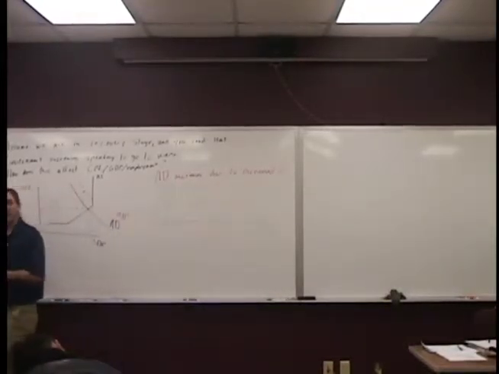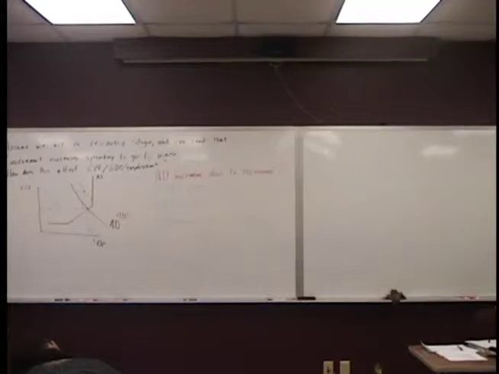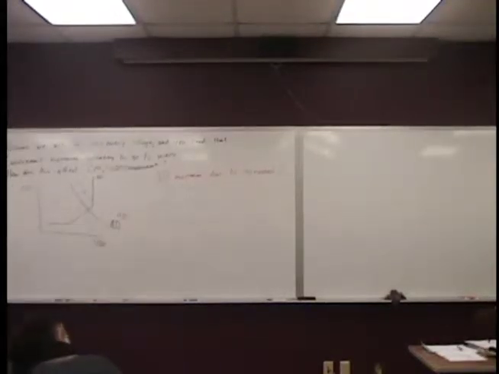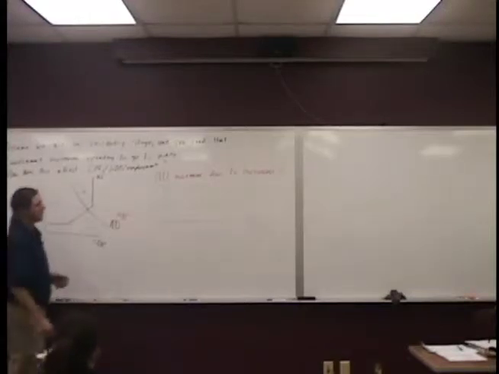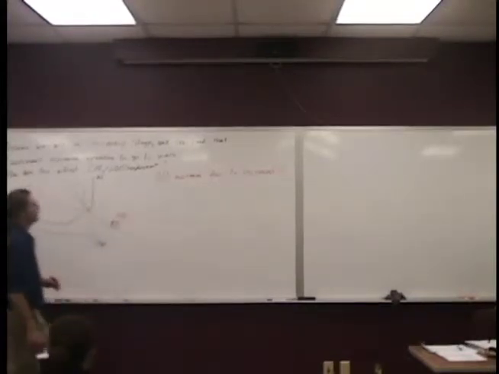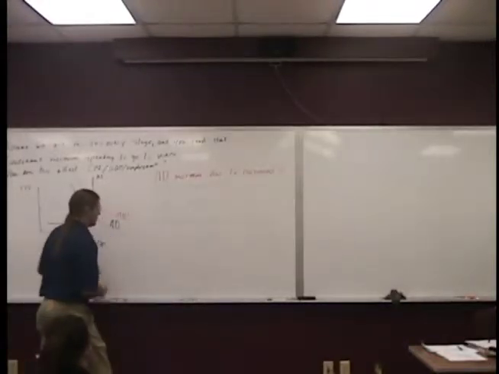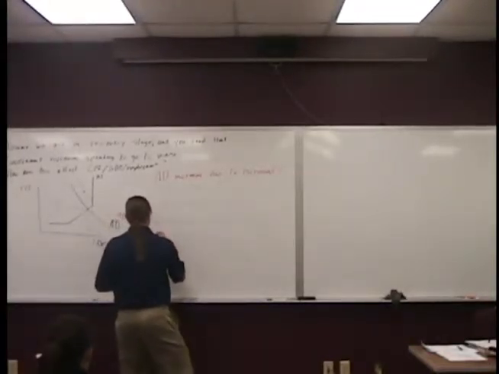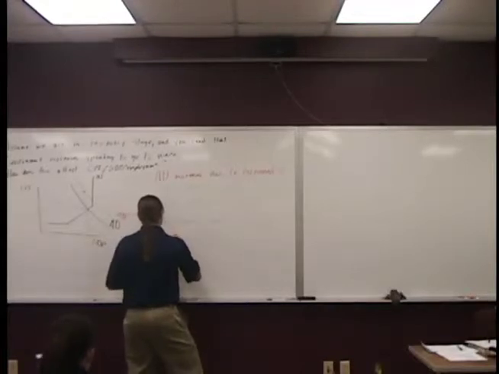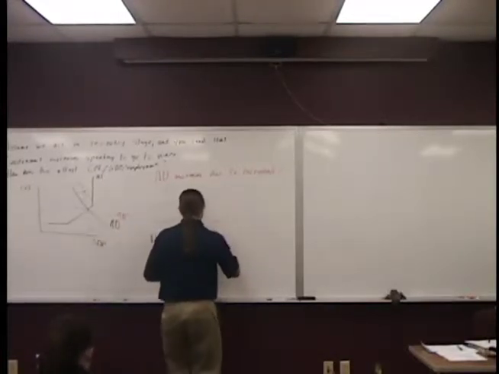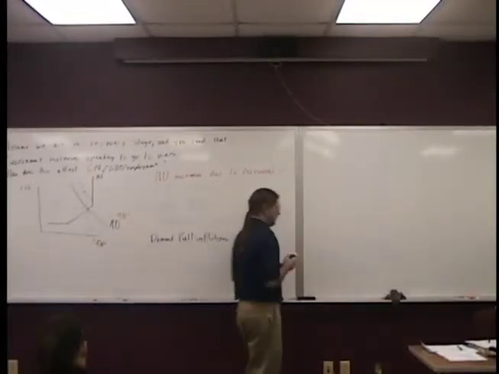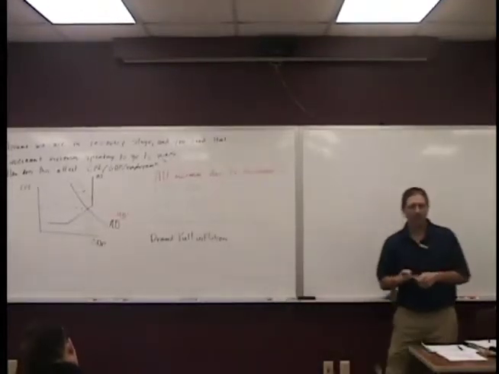Now, if you didn't make it all the way into the classical stage in your graph, that's fine. Nothing wrong with it. All right? You just tell me that employment grew, and that's enough. And again, you guys would say that this is demand pull inflation.